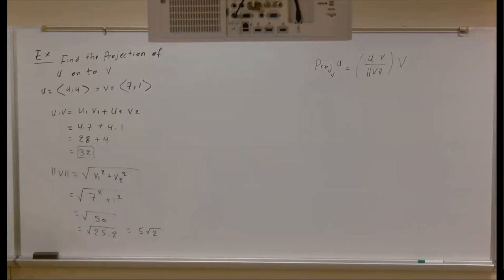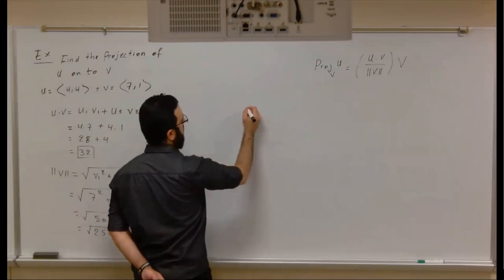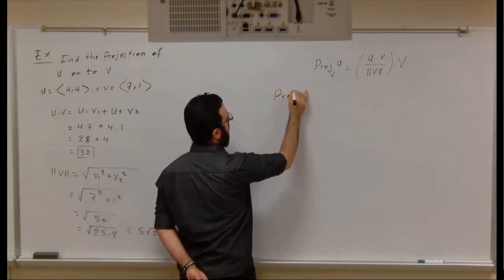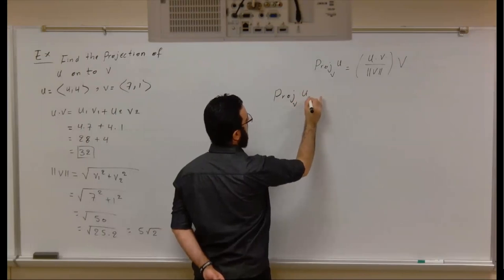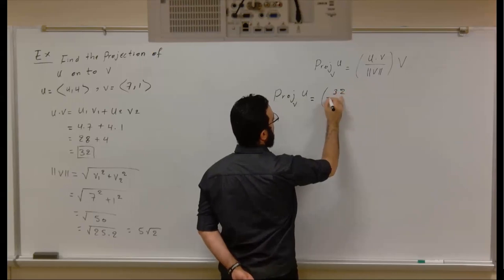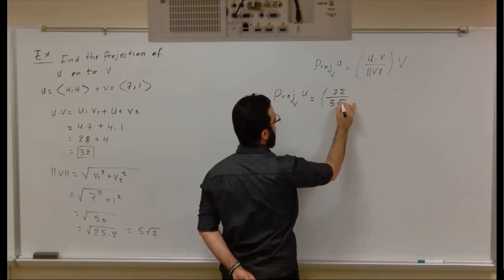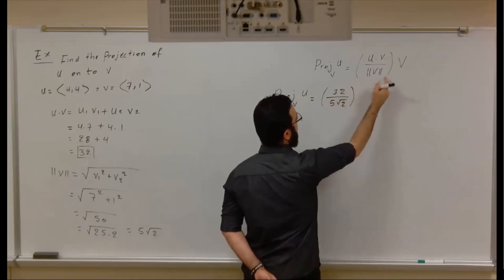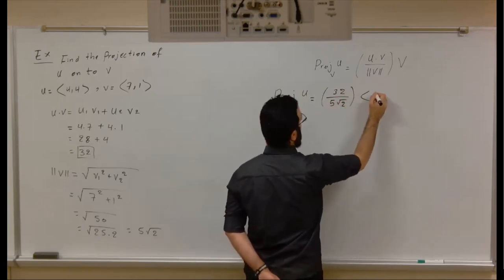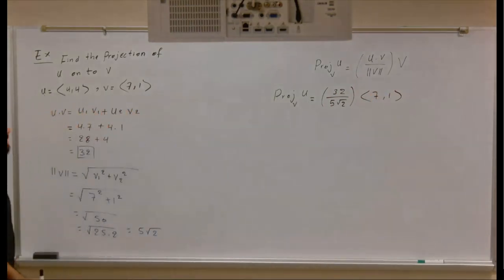So we have the dot product, that means the projection of U onto V is equal to: the dot product is 32, the length is 5 square root of 2, times the vector V, which is (7, 1). What's the next step? Be careful.